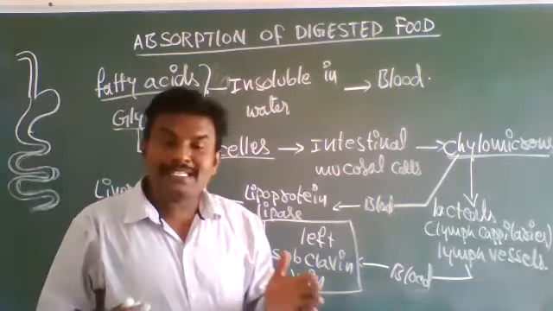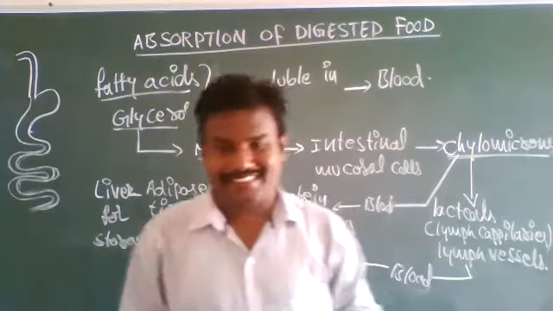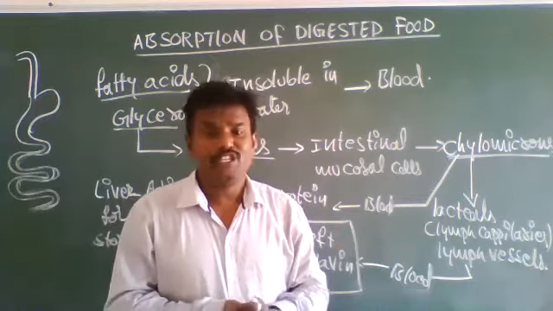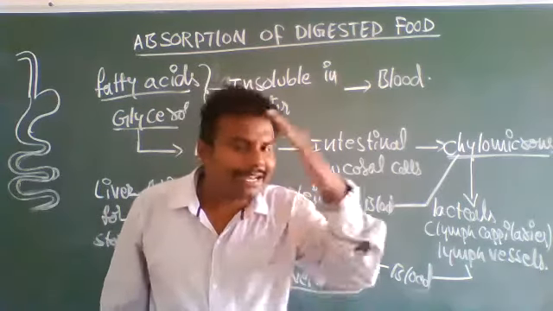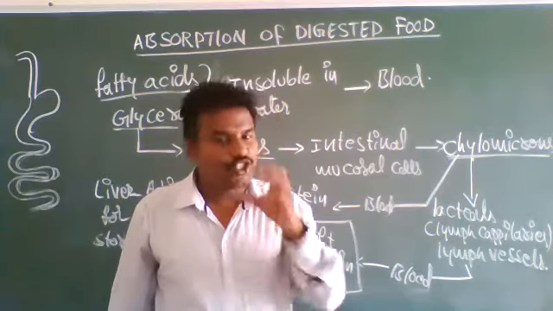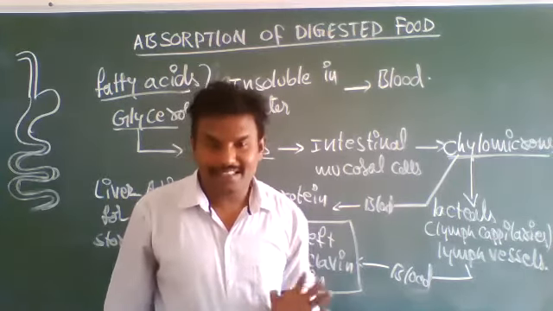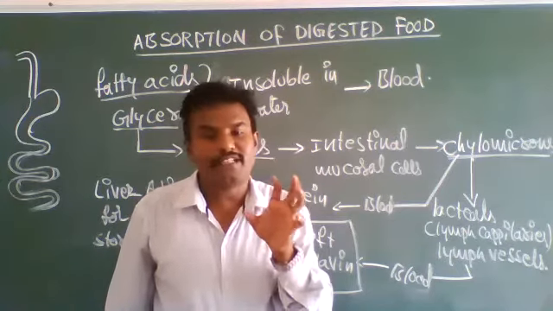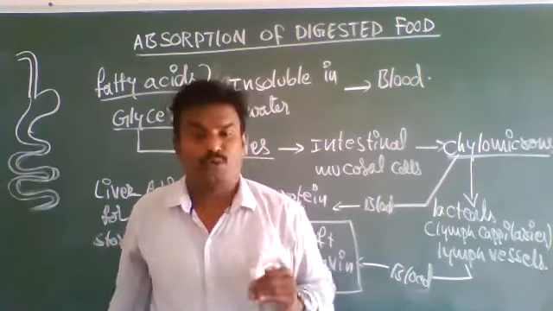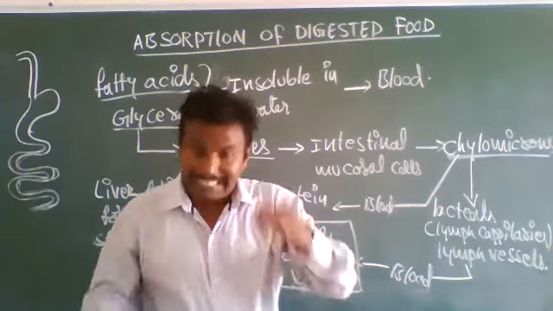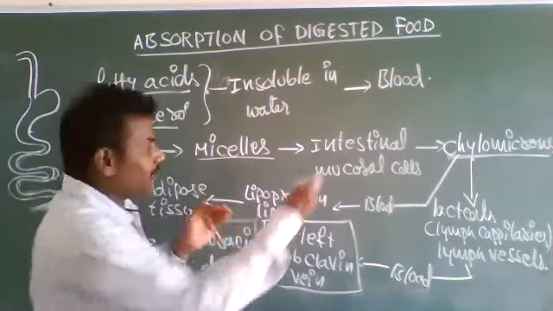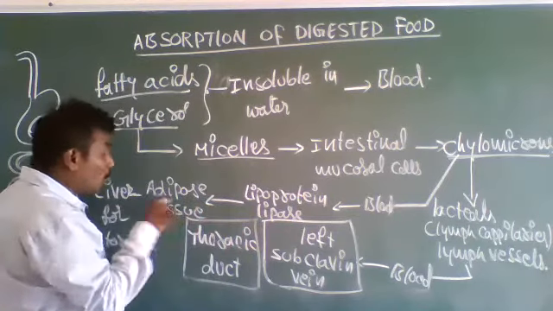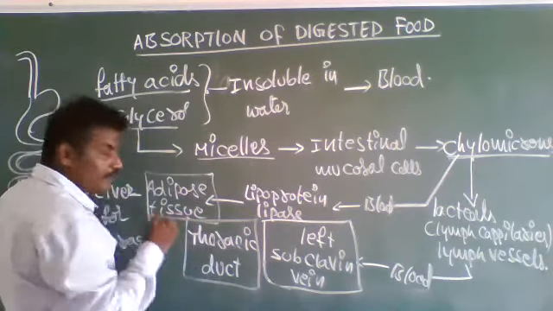Adipose tissue is always associated with adipocytes, fat cells. Some amount of fat is required by our body. I already said that zero level of fat is not healthy. People who have 0% fat are not healthy. Some amount of fat is required. That is why the chylomicrons are broken up into small particles, which are stored in the adipose tissue.